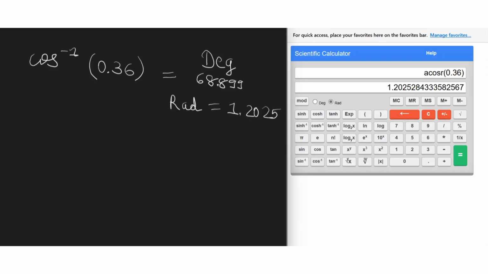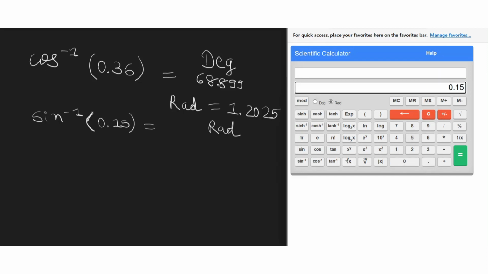Then same way, let me take another example. Suppose I need to find sine inverse of 0.15 and I need the value in radian. The calculator will be set to radian mode, type 0.15 and then press sine inverse.